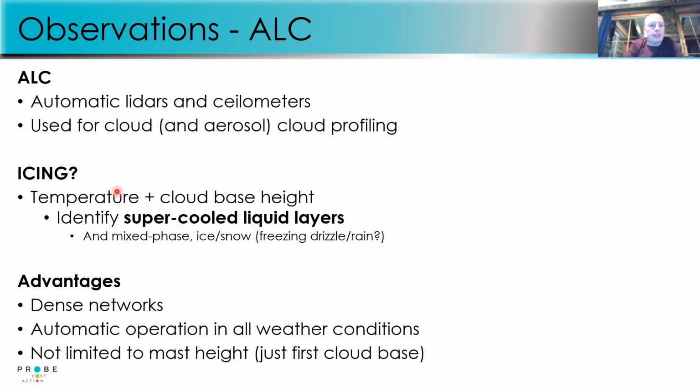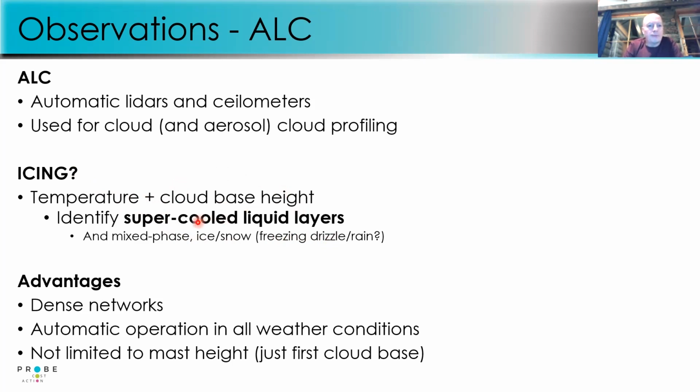If we can identify the cloud base and we have some sort of temperature profile, then we can identify these supercooled liquid layers, and then we have our icing potential. Of course, we can also identify other types of cloud as well, so mixed phase, ice, snow, for example. It's possible to do freezing drizzle or rain, but I wouldn't be as confident with that at the moment.